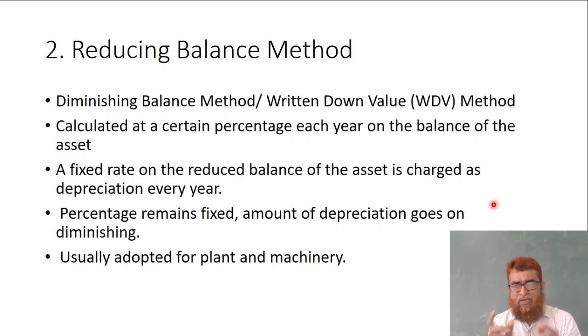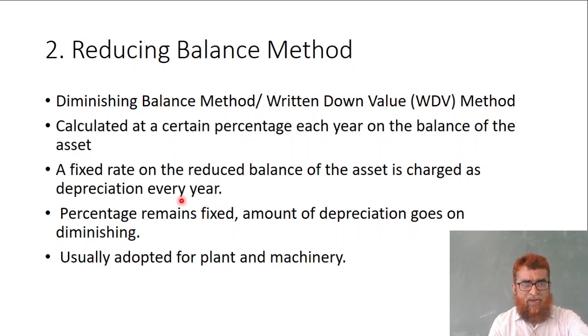For second year, this 50,000 original cost minus first year's depreciation 5,000, you will get 45,000 as the written down value at the end of the first year or at the beginning of the second year. So, balance at the beginning of the second year is 45,000. Now, for second year the depreciation amount will be 45,000 into 10%. That is how it goes.